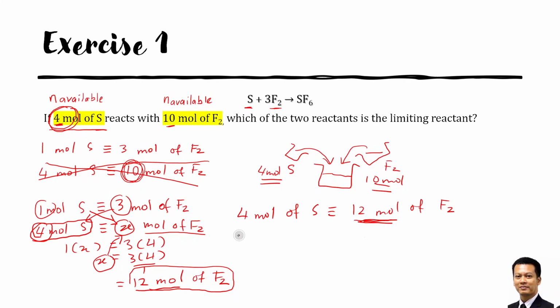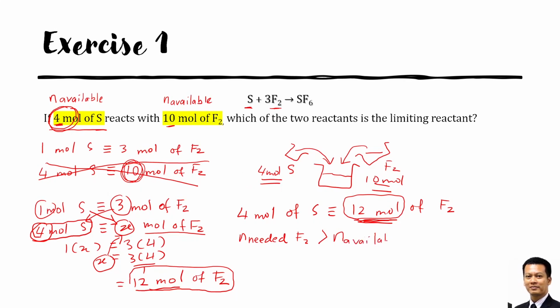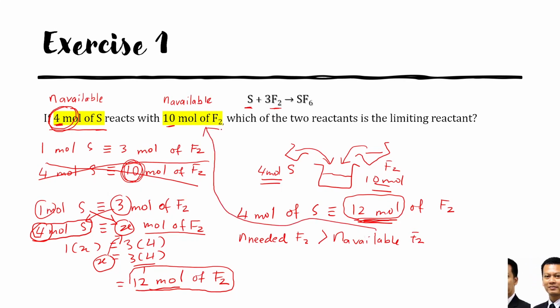Okay, what we see is that the number of mole needed, the number of mole that you calculate, this one, number of mole of F2 needed is larger than N available, F2 available. Okay, so N available here is referring to this number, 10 mole.